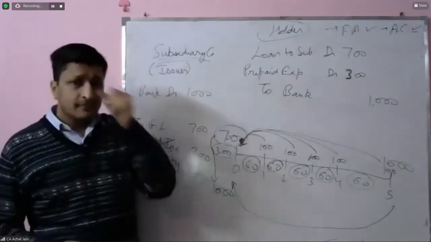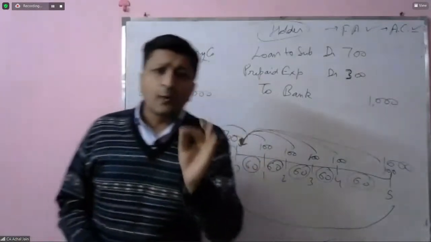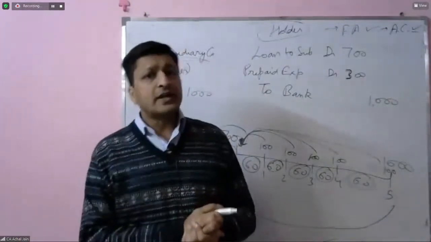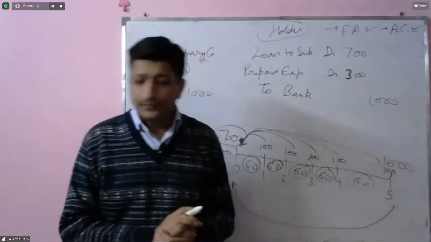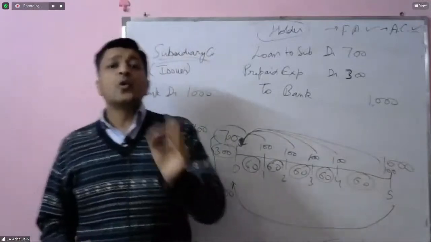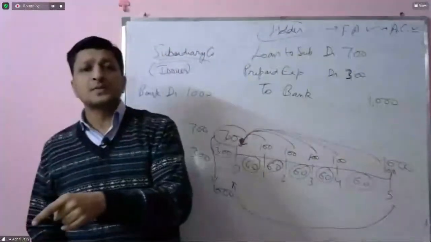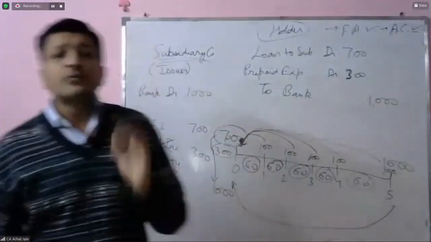But in this case, will it now be appropriate for the holding company to call it an expense? Again, no. Because again, it's a non-cash benefit which the holding is contributing towards the subsidiary. So that's why, what do we call it?